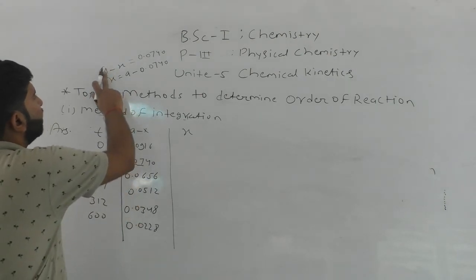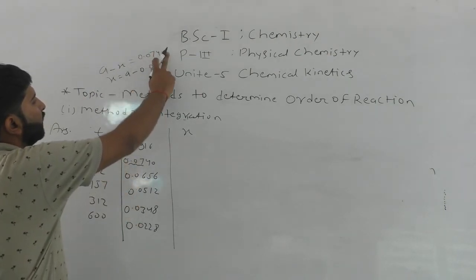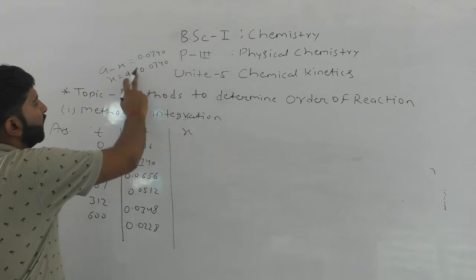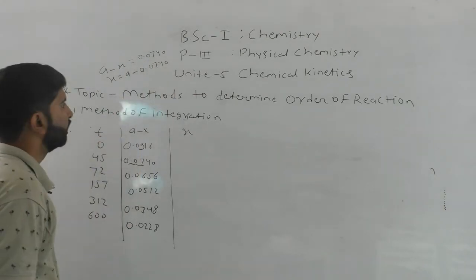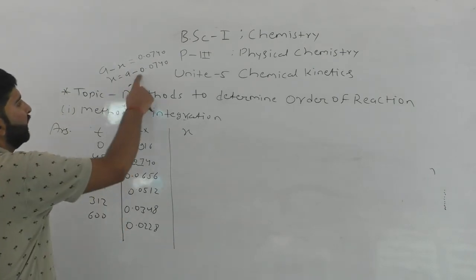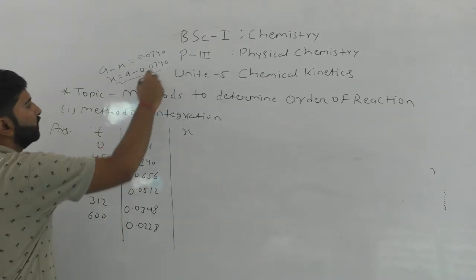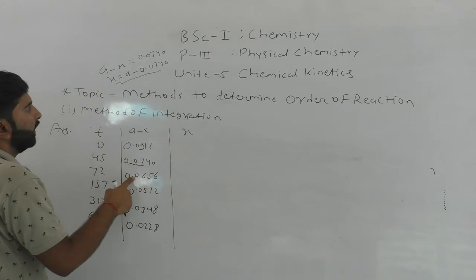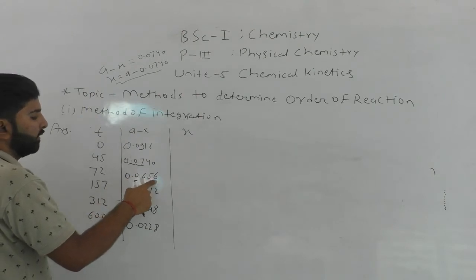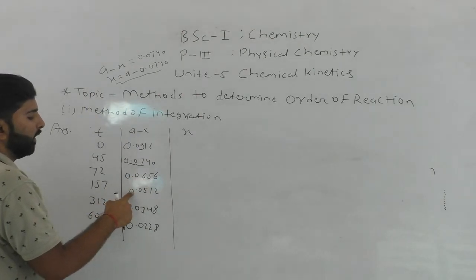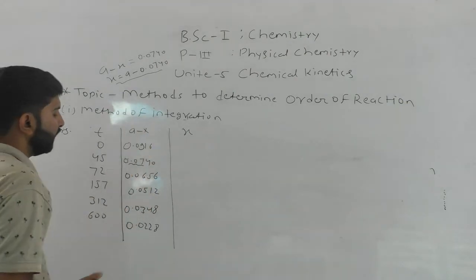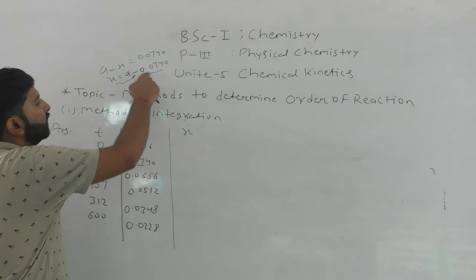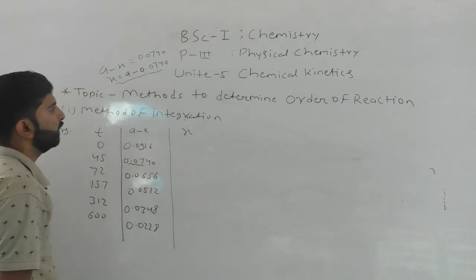So the A which is negative on this side becomes positive, and the value which is positive becomes negative. So the values of X are calculated like this: for this, A minus 0.0656, for this, A minus 0.0512. So we put each of these data in this to calculate the value of X.